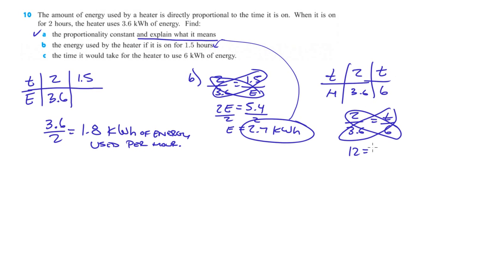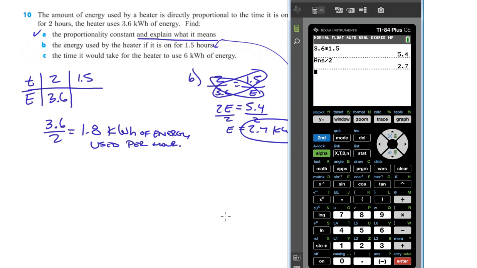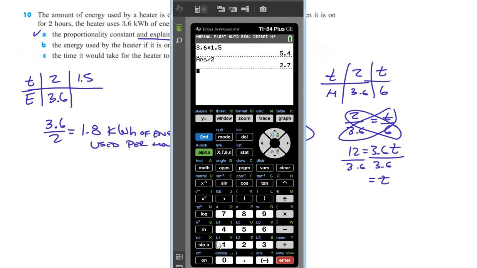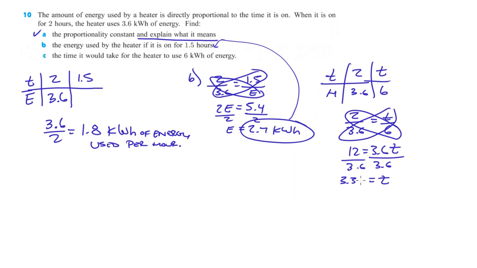We get 12 equals 3.6 T. Divide both sides by 3.6, and then the time will equal 12 divided by 3.6 gives us 3.33 hours, so 3 1/3 hours, so 3 hours and 20 minutes, right? 3 hours 20 minutes, because 20 minutes is 1/3 of an hour.